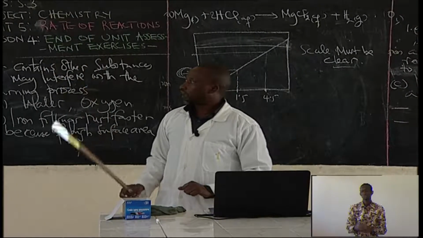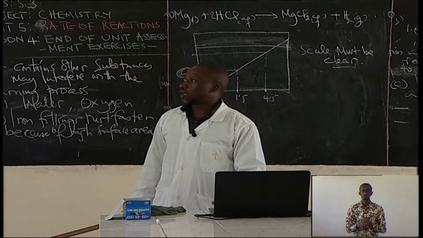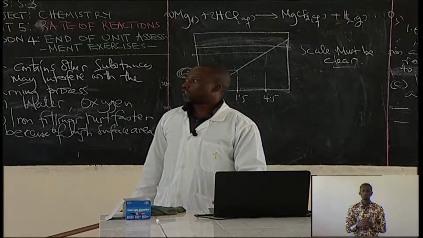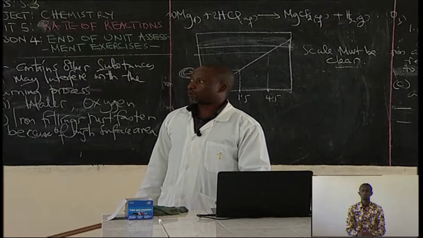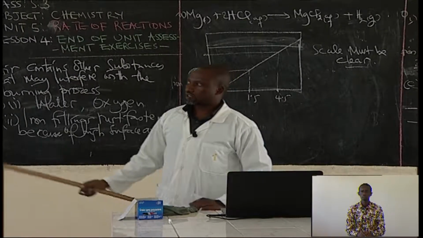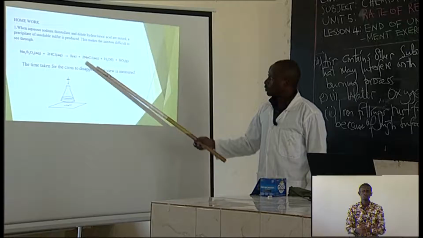Probably, I'll just need to take you to some of the things that I want you to work on. Oh, sorry. So this is what I want you to look at as part of your homework. Before we wind up, I want you to look at this question.